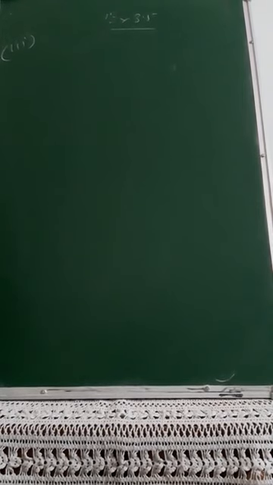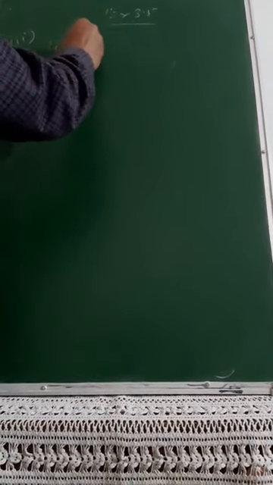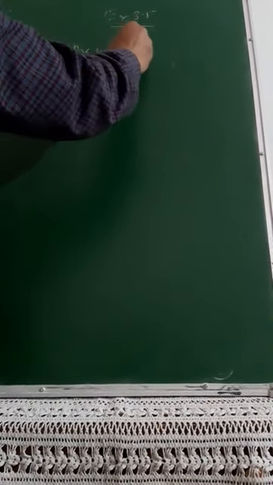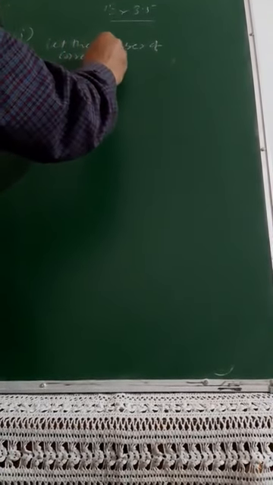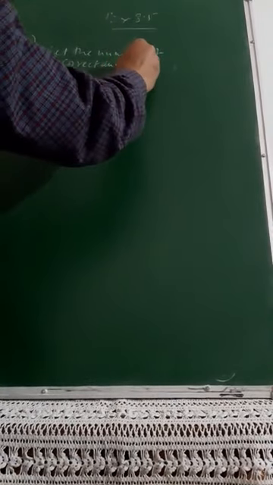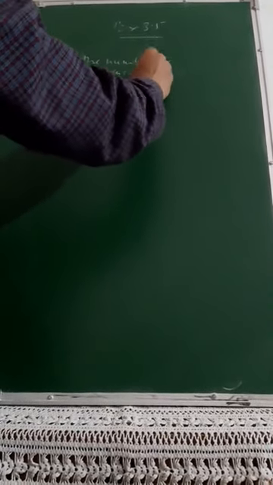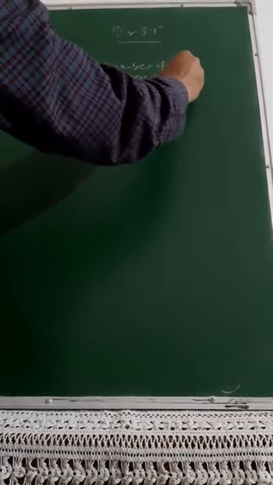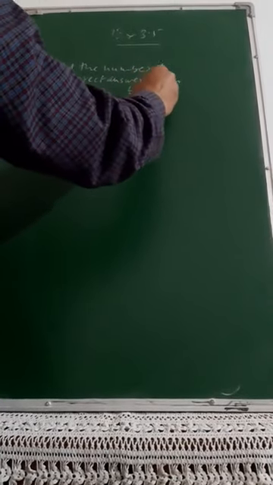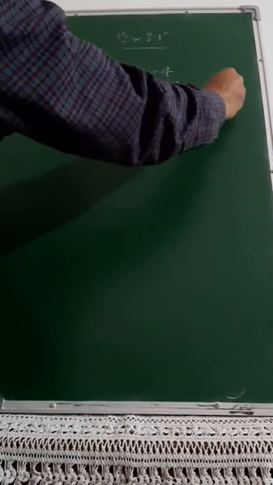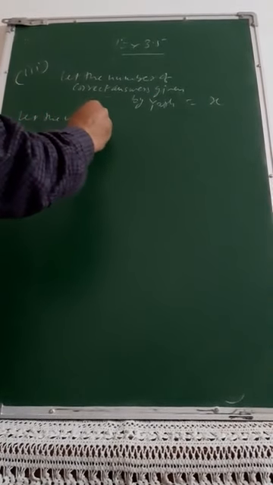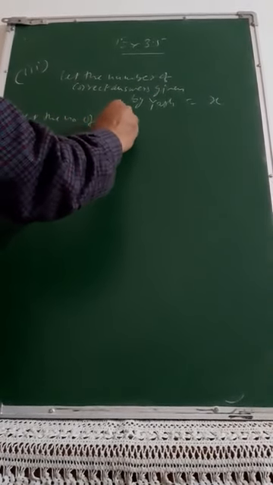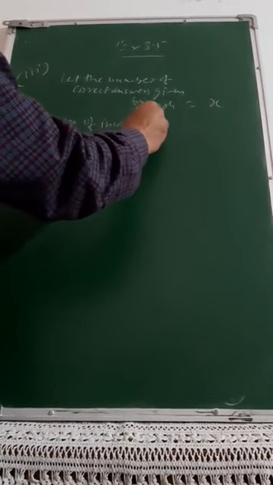So better let the number of correct answers given by Yash be equal to X, and let the number of incorrect answers, because my condition is based upon correct and incorrect.